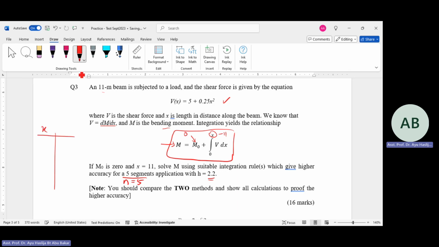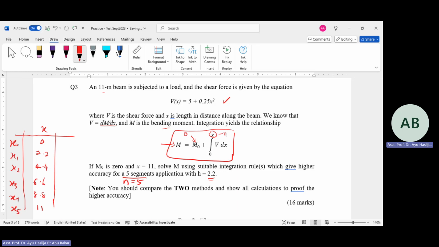So that means your x starts from 0, then with a step size of 2.2, 5 segments, until 11. Five segments, so you should have 6 points, x0 until x5.